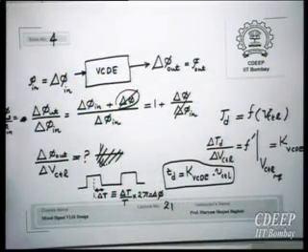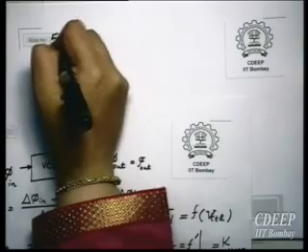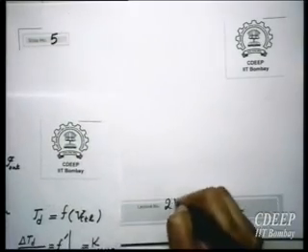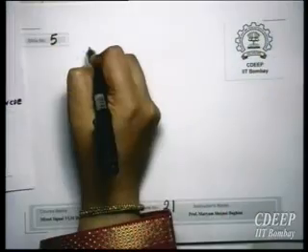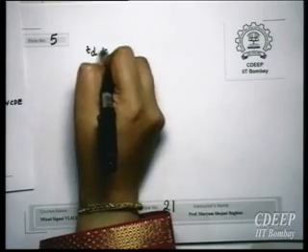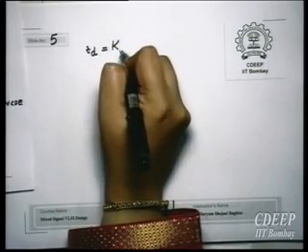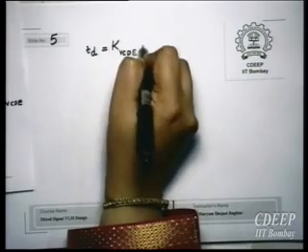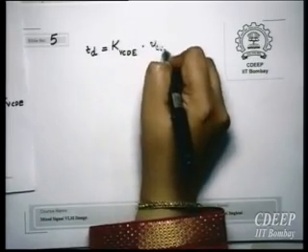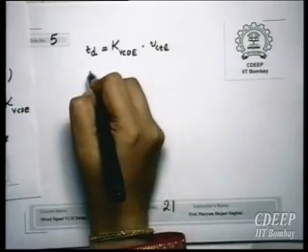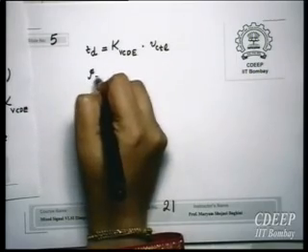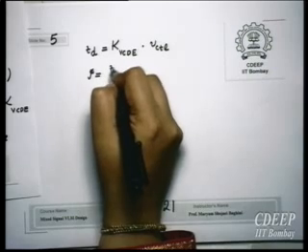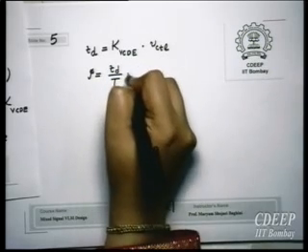So I will have the relation: time delay is equal to K_VCDE times VCTL. All are small signal components, and the corresponding small signal phi will be Td upon T times 2 pi.